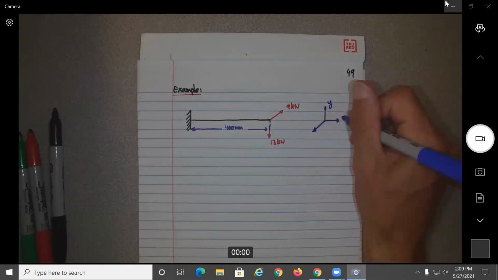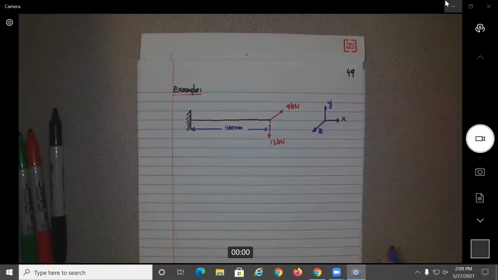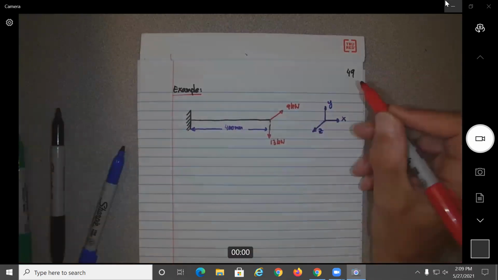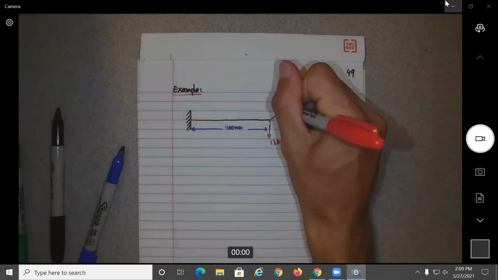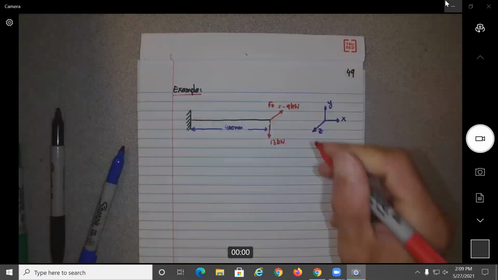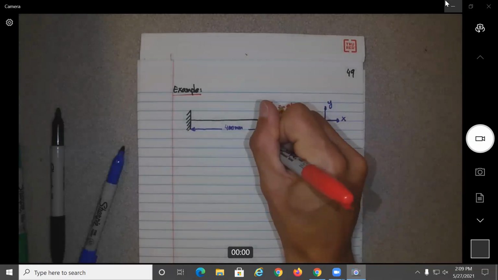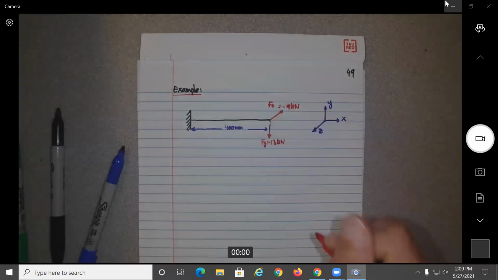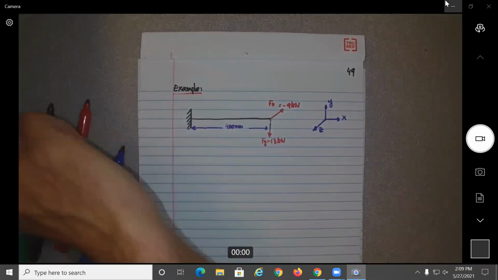Okay, so X, Y, Z we have. So then we could say that F of Z will be equal to minus 9 kilonewtons. And this will mean F of Y equal to minus 13 kilonewtons. All right, and here this is fixed.